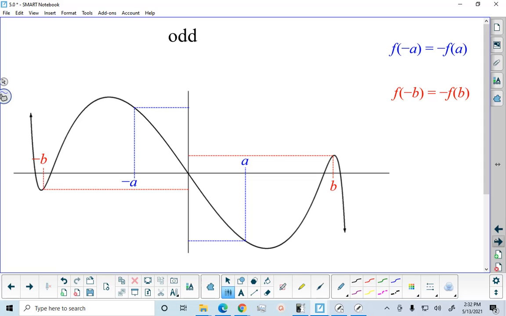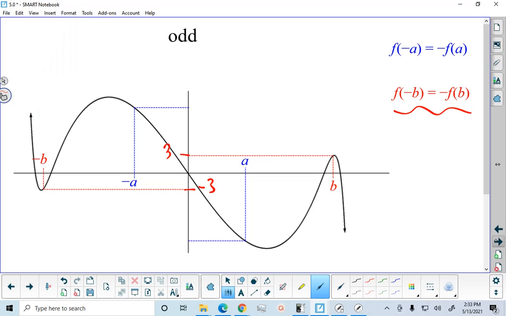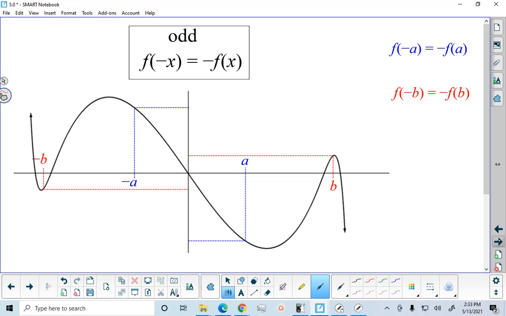If f of b, this number here, is 3, then f of negative b is negative 3. All this statement is saying is the two y-coordinates are opposite. So if we make that more general, that means that f of negative x is going to give you the negative of whatever f of x is.